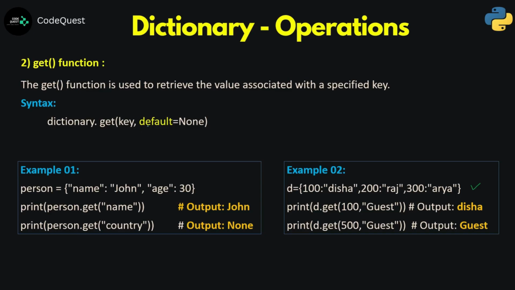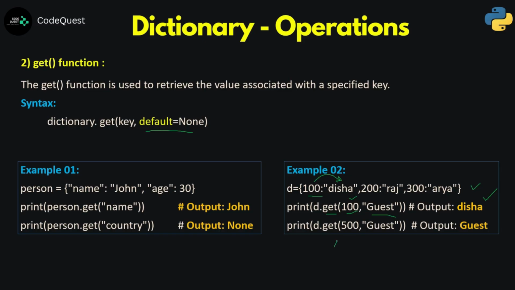Now we can use the default, like I'm writing d.get of 100, where 100 is the key, followed by some text or value. How does it work? It is going to check first whether this key is available in the dictionary. You can see 100 is already available. So if the key is available, its corresponding value is returned.